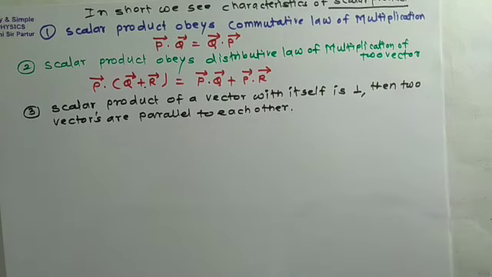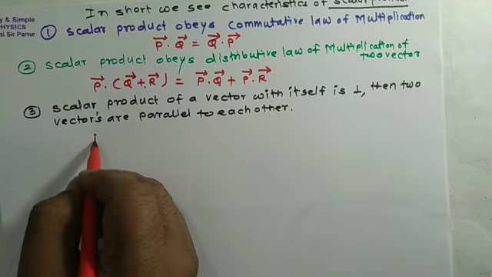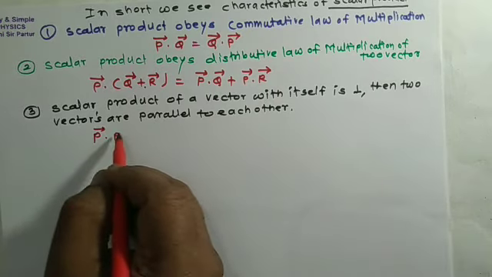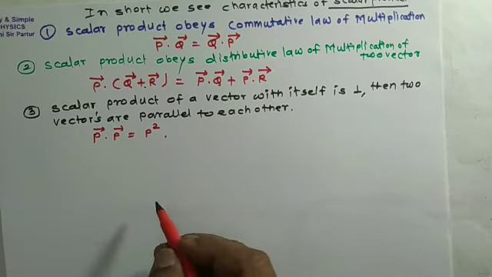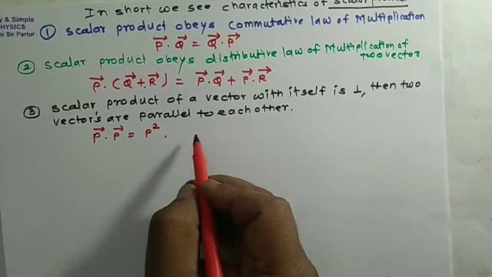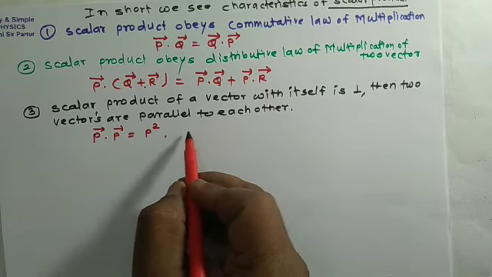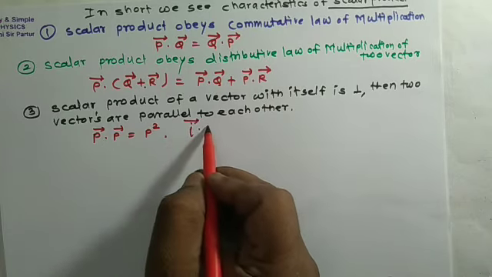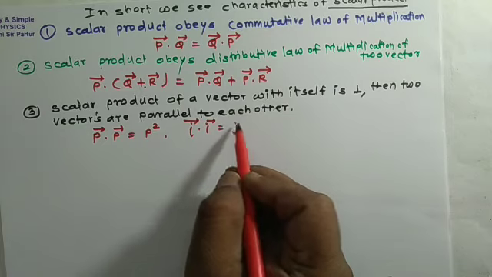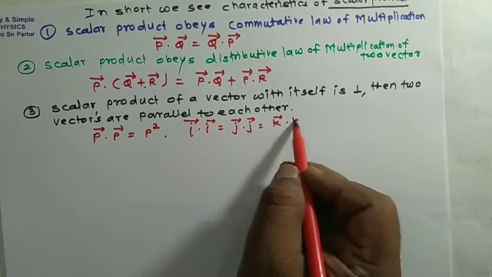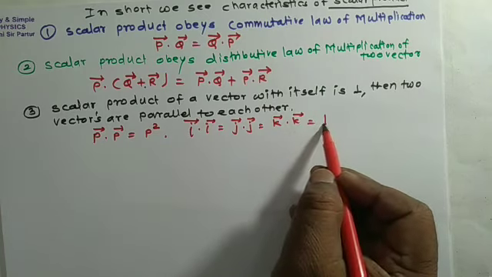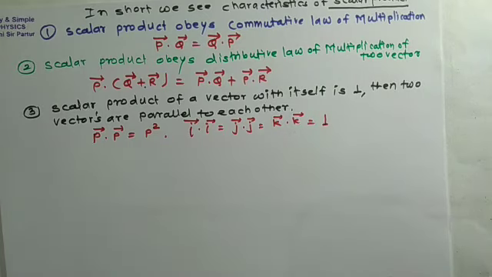Means vector P dot vector P will be square of magnitude. Means if vector i, j, k be the unit vectors, then vector i dot vector i is equal to vector j dot vector j is equal to vector k dot vector k will be 1, because for unit vectors, their square of magnitude will be 1.